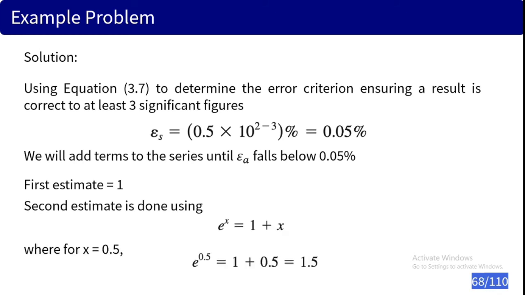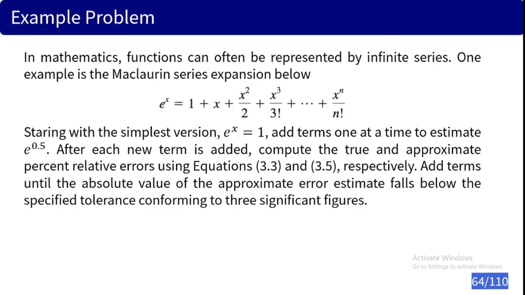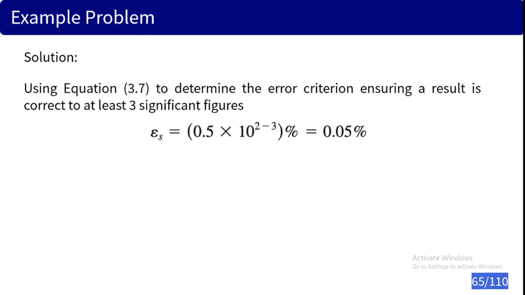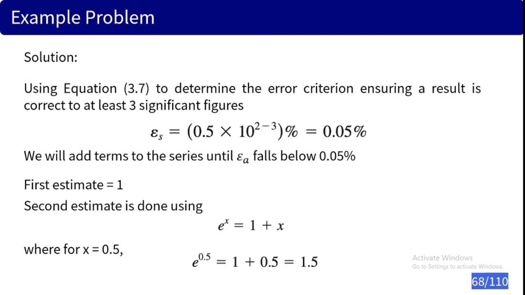So the first estimate is 1. Why 1? Going back to the Maclaurin series, since we start with the simplest version of e raised to the power of x, the first estimate is 1. The second estimate adds the next term, which is the variable x.